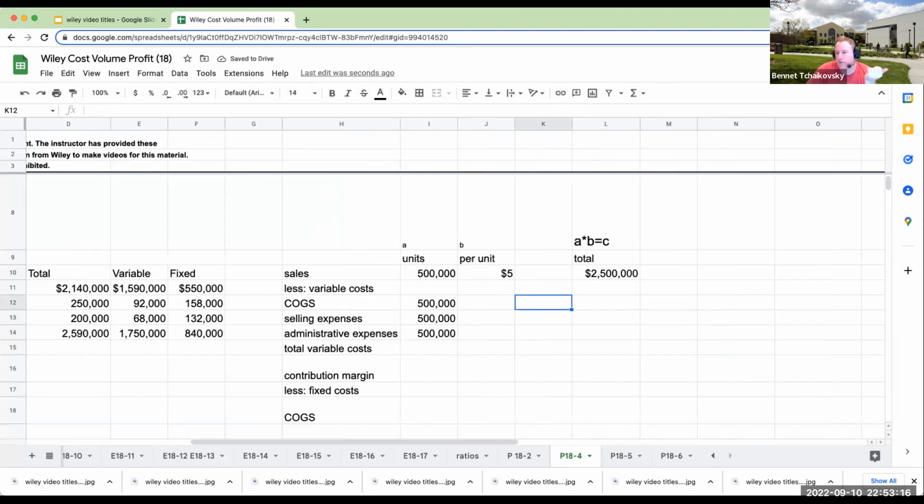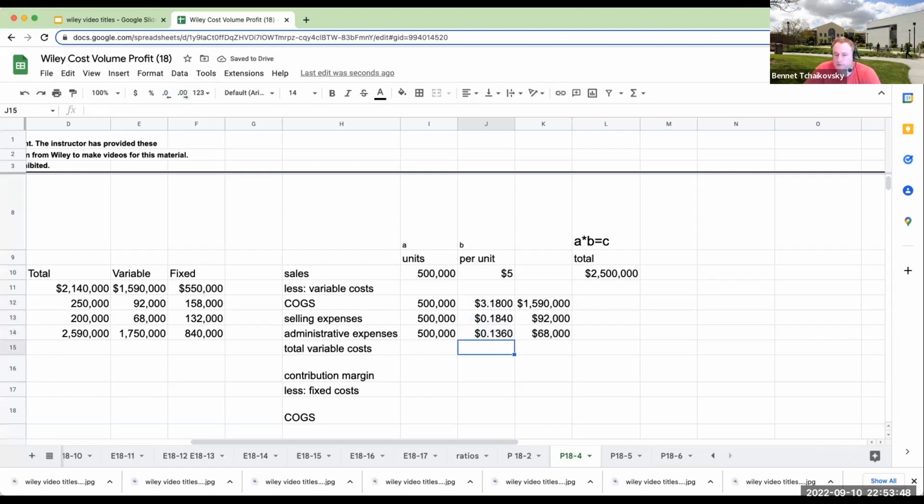In terms of the per unit variable costs, for cost of goods sold this is 1,590,000, this is 92,000, and this is 68,000. To figure out the per unit amounts, I divide each by 500,000 units.